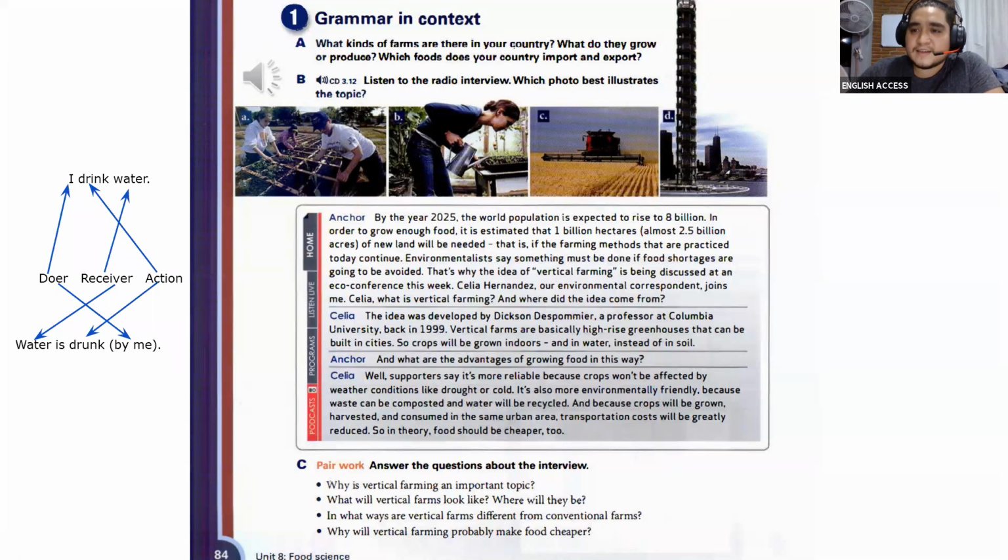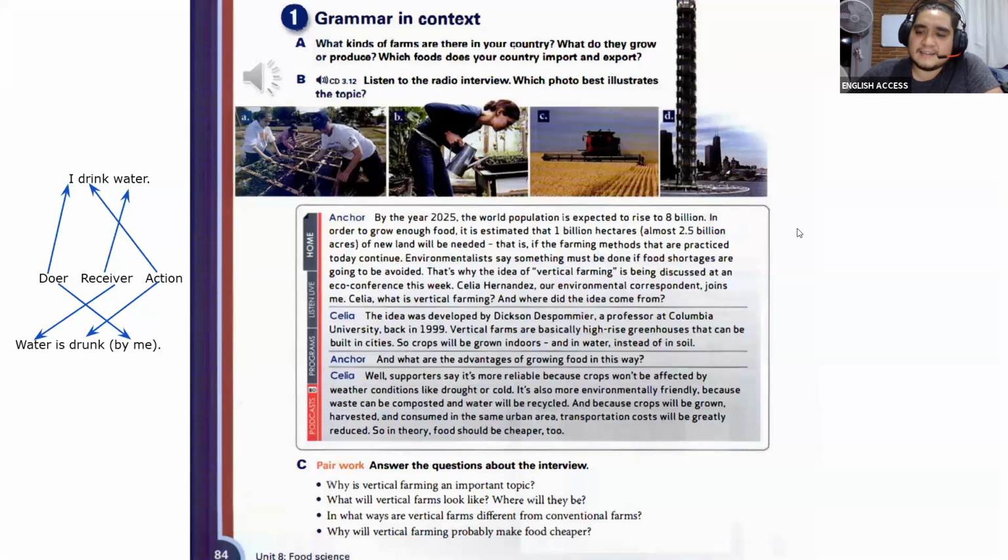Okay, now the topic is vertical farming. Which of these do you think best illustrates that topic? Vertical farming. Which of these four images? C. D. All right. Tommy says D. C. Emmanuel says C. What do you guys think?